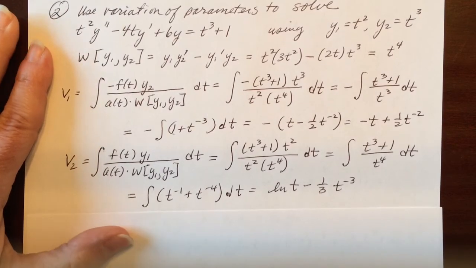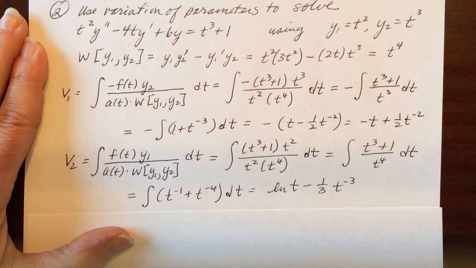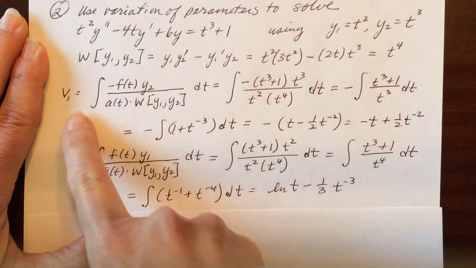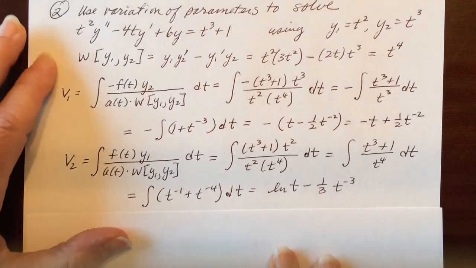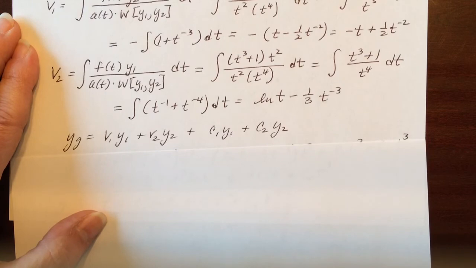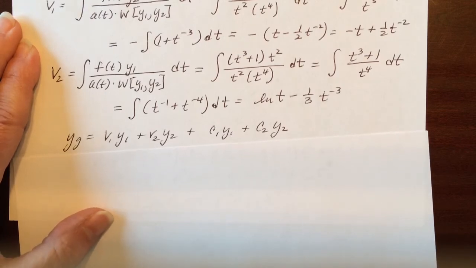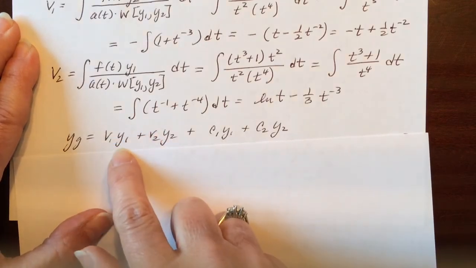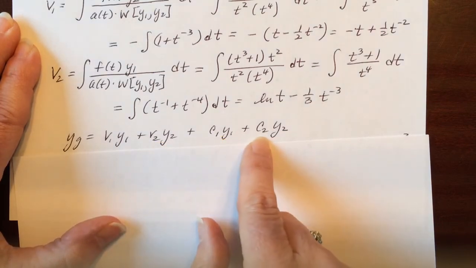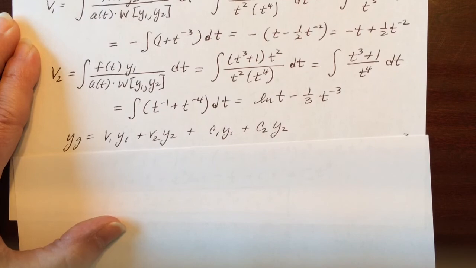All right, so I think we've got everything that we need to find our general solution, because all we need is y1 and y2 and v1 and v2. So our general solution, y sub g, is v1 y1 plus v2 y2 plus c1 y1 plus c2 y2.